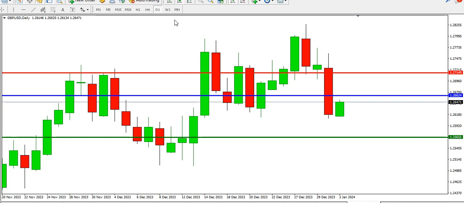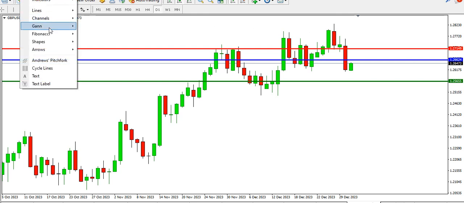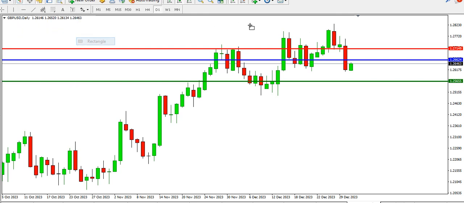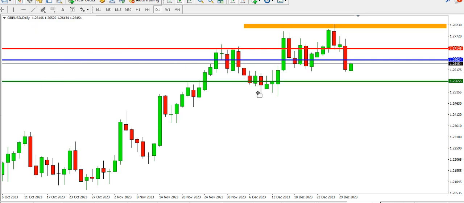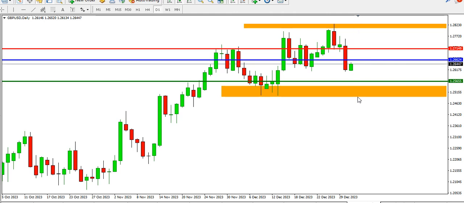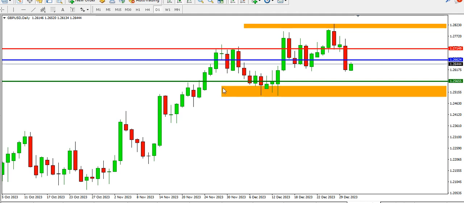More like we are having a range, and wherever price breaks out of this particular range for GBPUSD will determine the direction of trade. Okay, so if price breaks upward, we might want to go long in the long run. Price breaks downward, we're going to go short in the long run. But for now, it's ranging.